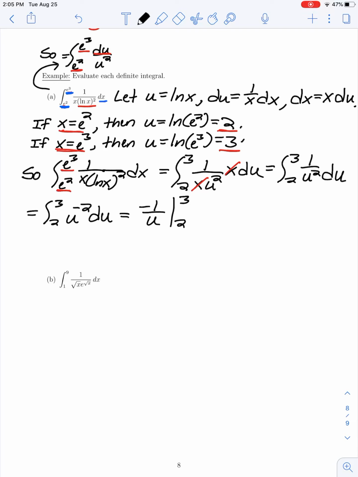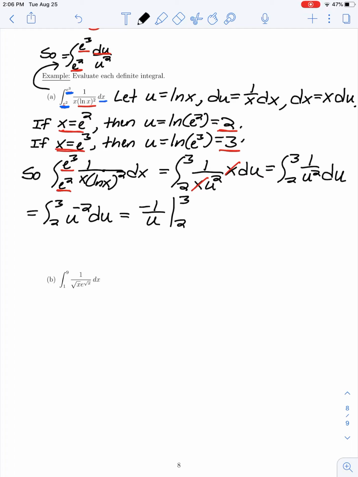First off, notice I did not include the plus C here. Why not? Well, we're working with a definite integral, and the fundamental theorem of calculus said that we can use any antiderivative we want. So I'm going to use the one where that constant of integration is 0. Or I just recall that for definite integrals, I don't need that constant of integration.